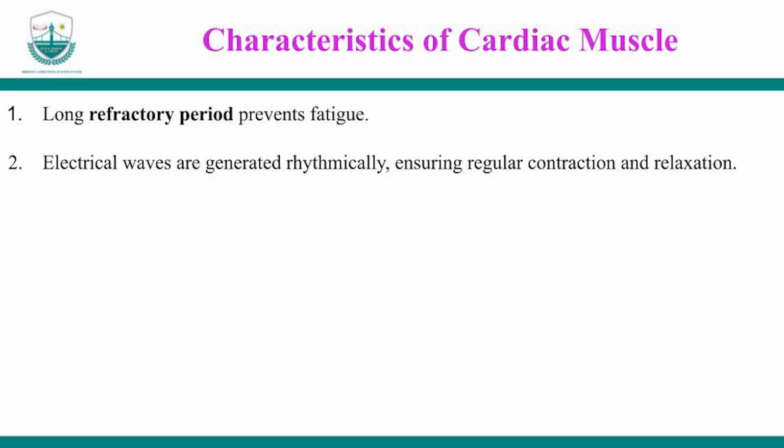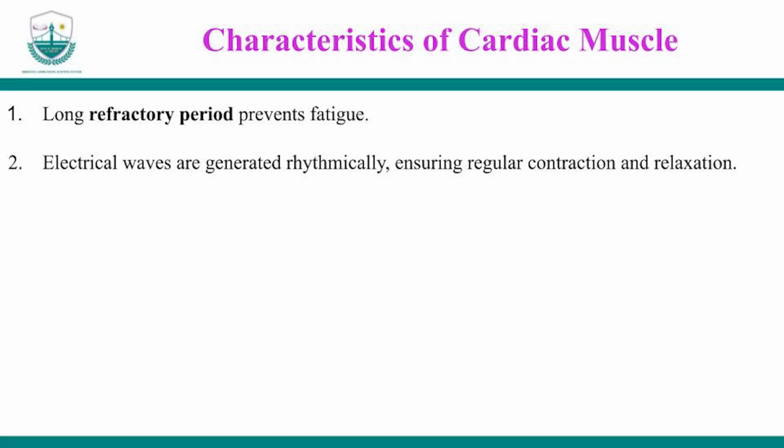Okay, what is the key thing? The key features of the cardiac muscle. It has mitochondria. That means that it has sufficient energy for the contraction. Second, it has intercalated discs that enable transmission of impulses very fast. Another point is that it has a long refractory period.